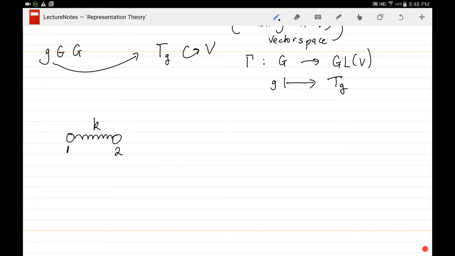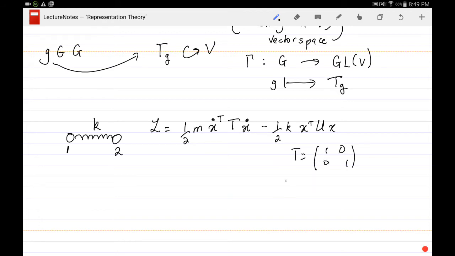So we can write down a Lagrangian for this, and this will be something like this. Here, T quite obviously should be something like that. And if you think carefully, you'll find that U is something like this, and x is x1 and x2.